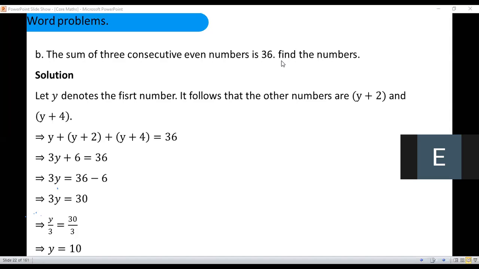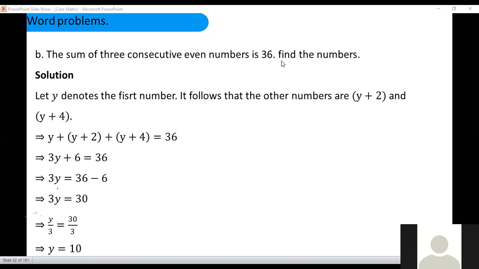Yes, 14. It's 14. Why? Because we added 2 to the y.